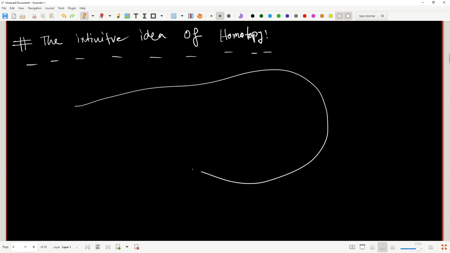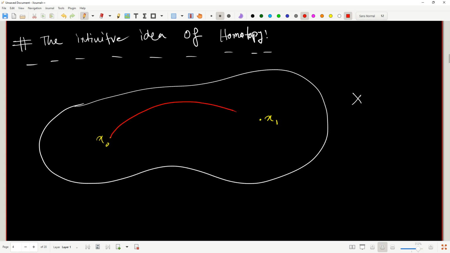Let's say this is our topological space X. It's a big one, and this is a point x0, and this is a point x1, and I have two paths initially. One is this red one, let's say alpha of s, where s belongs to my interval I, given by 0 to 1. And I have another path over here, beta of s.